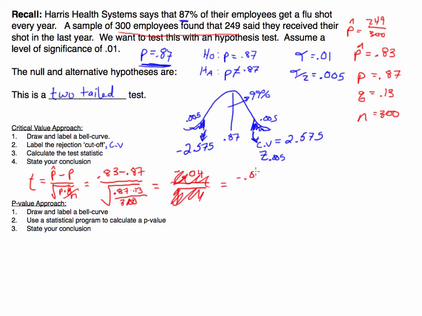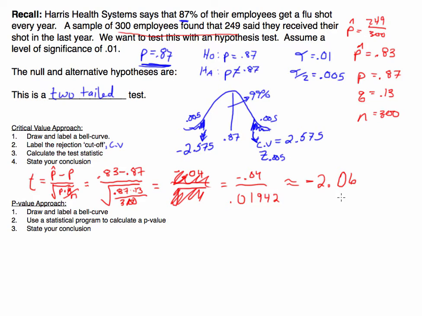The numerator is negative 0.04. I did everything on the inside, then took the square root of that, which is approximately 0.01942. I get approximately negative 2.06.